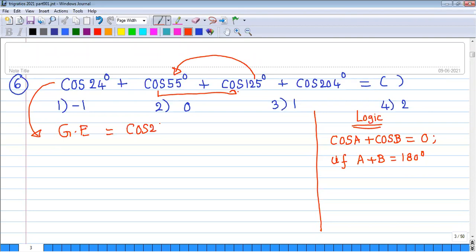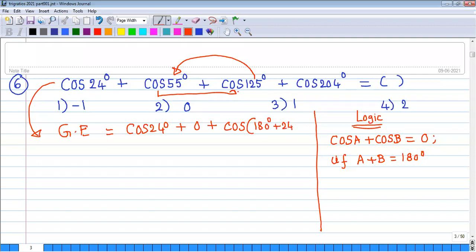So the given expression becomes cos 24, plus 0, since cos A plus cos B is equal to 0 if A plus B is equal to 180. Because 125 plus 55 is 180. Cos 204 we can write as cos of 180 degrees plus 24.